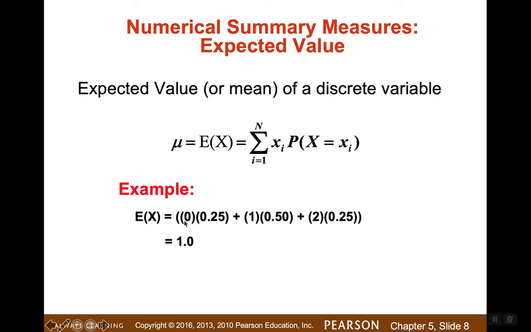So it's 0 times 0.25, plus 1 times 0.50, plus 2 times 0.25, which adds up to 1. This is the mean. The expected value is simply the mean of the probability distribution.